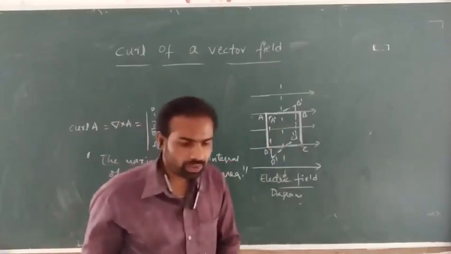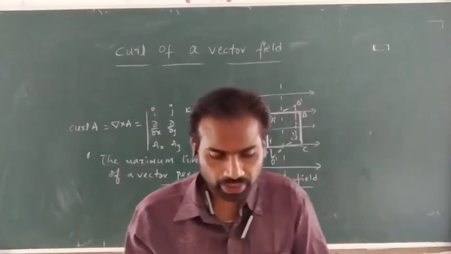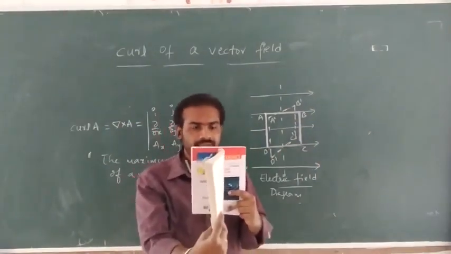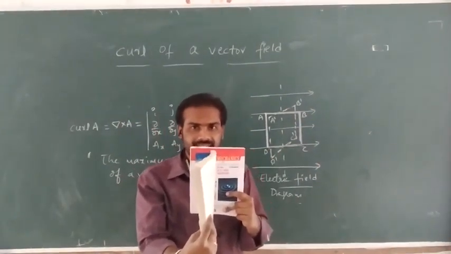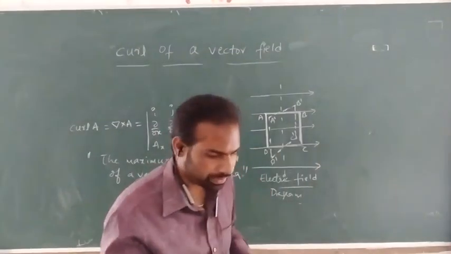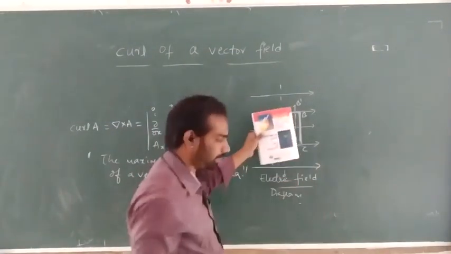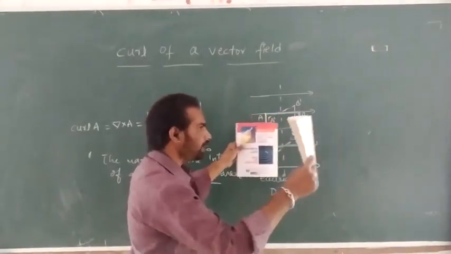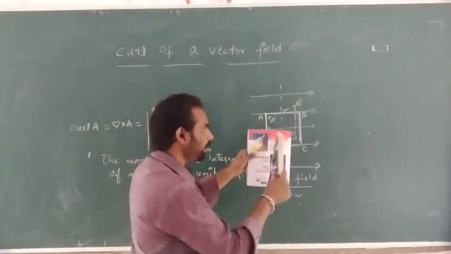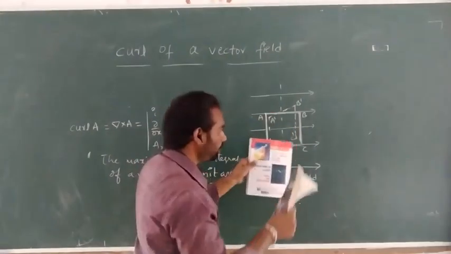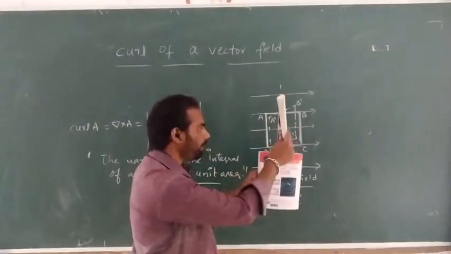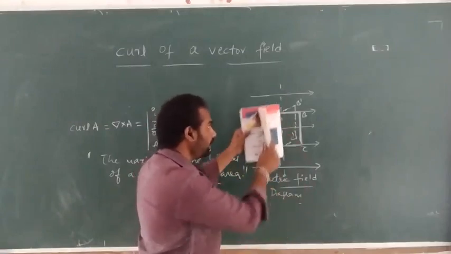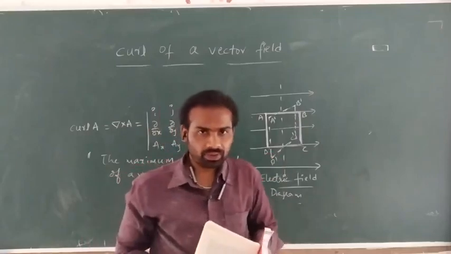We have two surfaces. One is ABCD. The other is A dash, B dash, C dash, D dash, which is perpendicular to this ABCD. Like this, we are taking two surfaces in an electric field, a vector field.